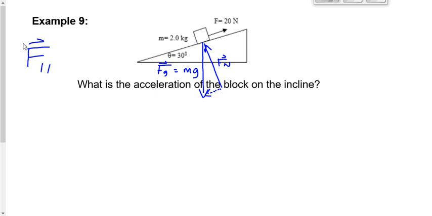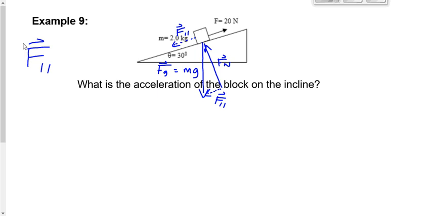I'm going to call this F parallel. Fn and Fg sum to F parallel. Now, I'm going to redraw it up here. So F parallel isn't a force on its own. The force that pulls it down the hill, that friction in this case counters, is really just a combination of the normal force and the force of gravity.